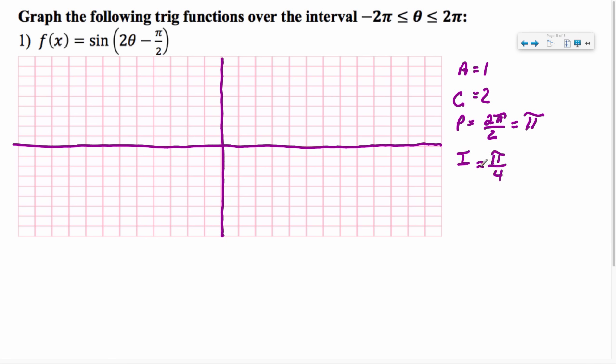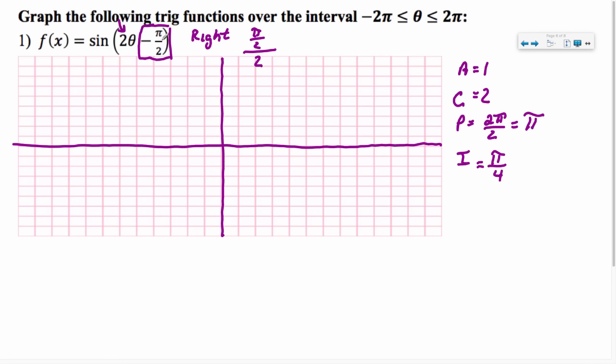Now the next thing that's very important is this shift. We know it's going to go to the right, and it's going to go to the right pi over 2 divided by 2, because when there's a number on the x, you divide by it, right?